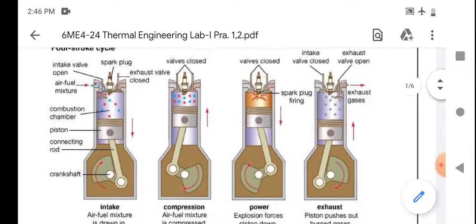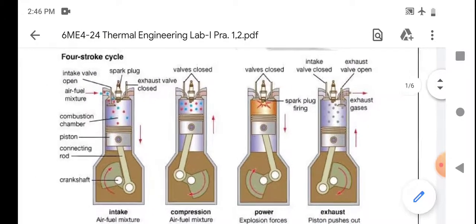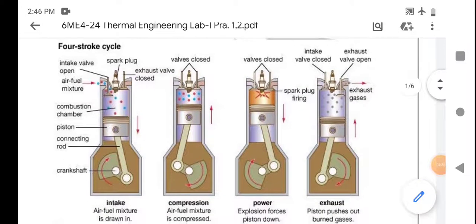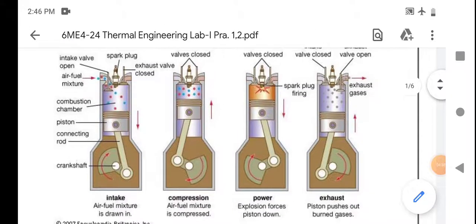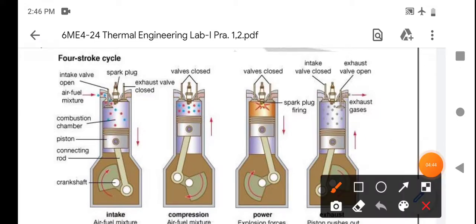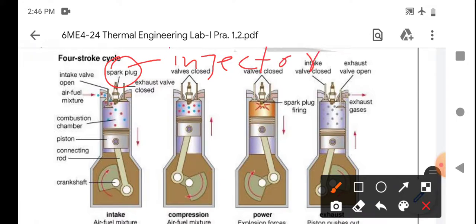Now we discuss the 4-stroke diesel engine with the help of the same diagram. In this diagram, as you see, the spark plug is replaced by the fuel injector.